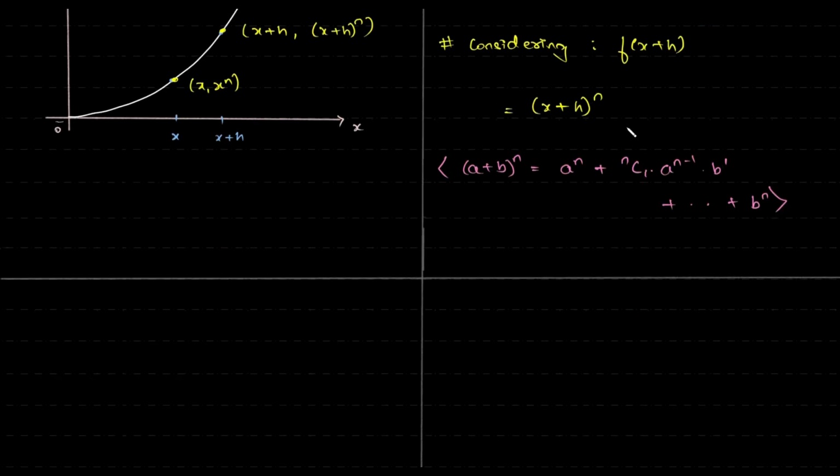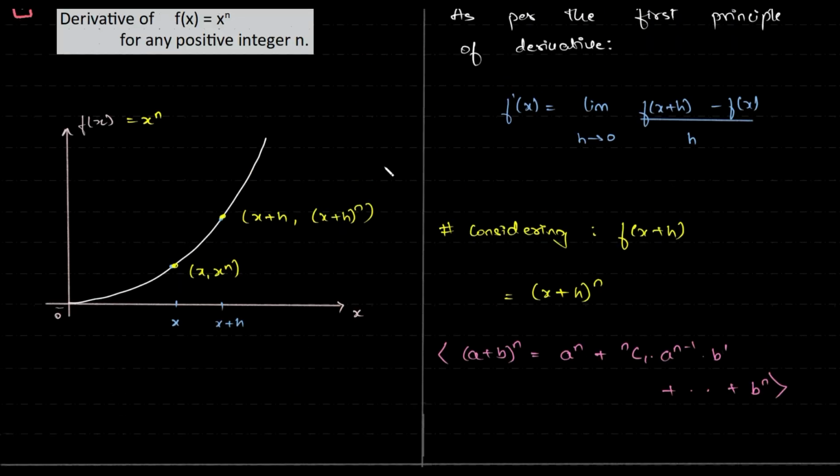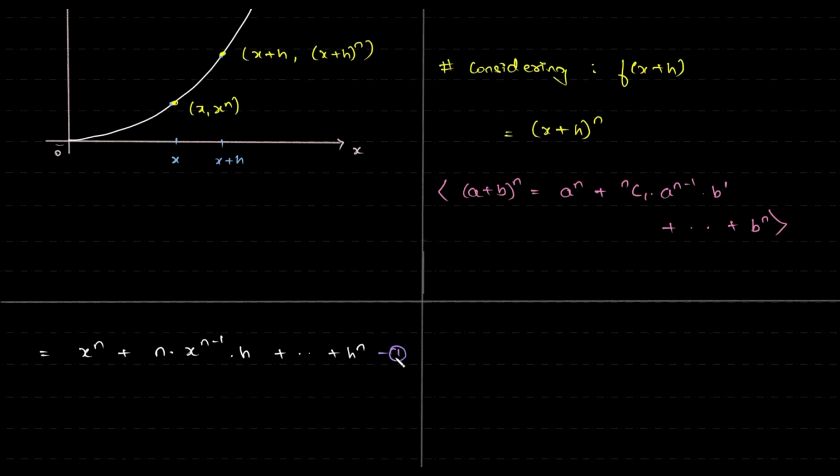And when we expand this expression, we will get the following, which in turn is equal to x to the power of n plus nC1, which is n, times x to the power of n minus 1 into h, plus the last term is h to the power of n.